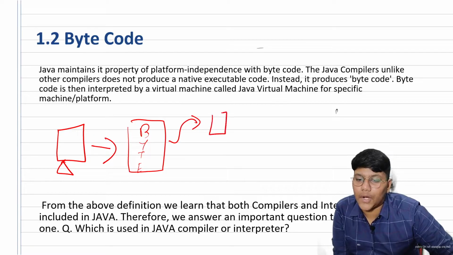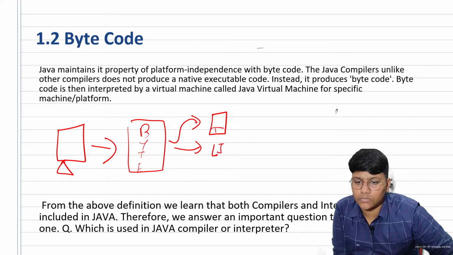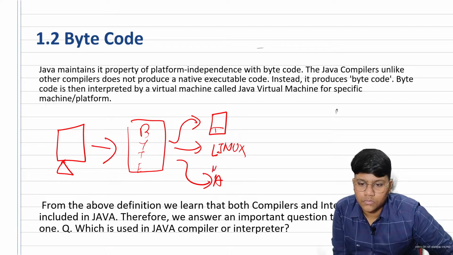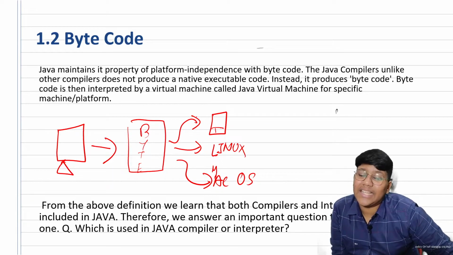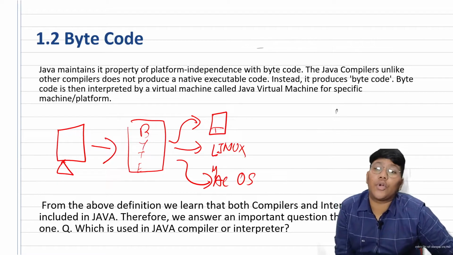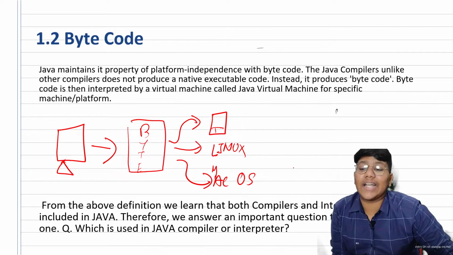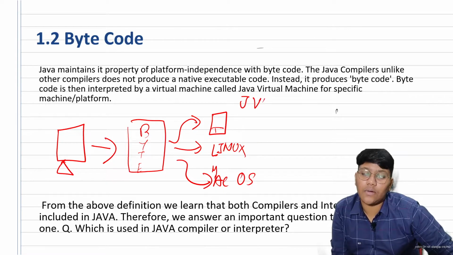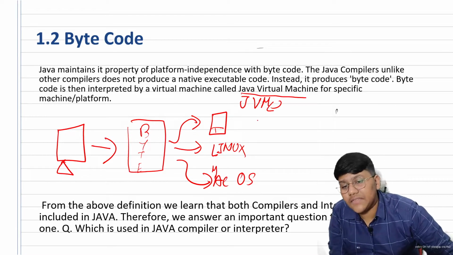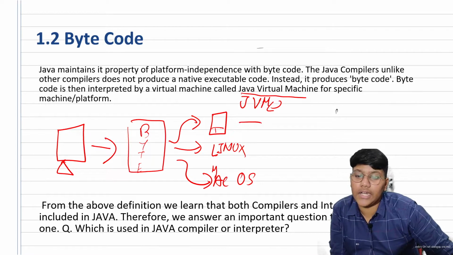For example, Android, Linux, Mac OS. Now this bytecode in the platform where you want to run it will get interpreted by a virtual machine known as Java Virtual Machine or JVM. Now JVM will interpret that bytecode into its own native executable code.